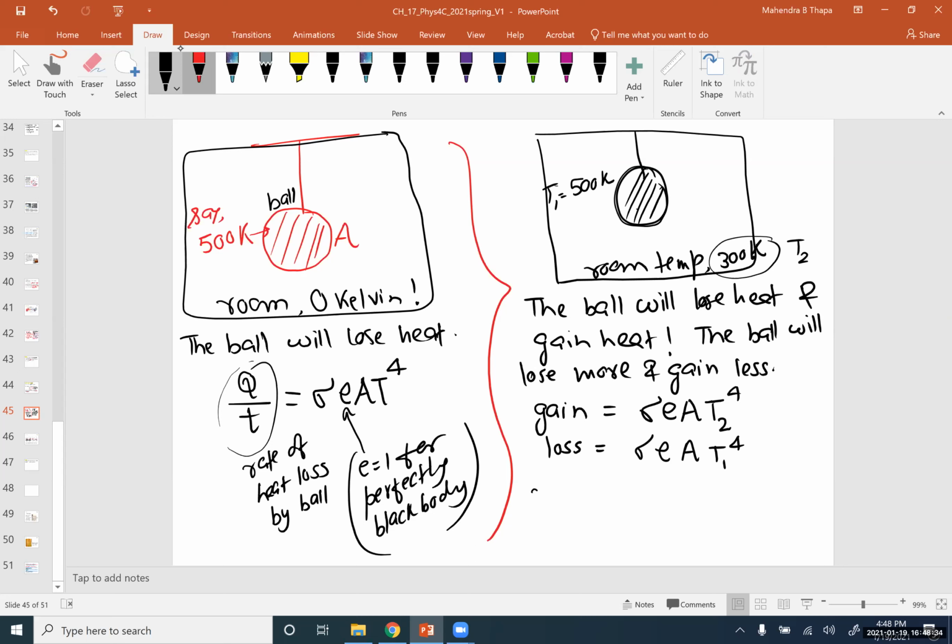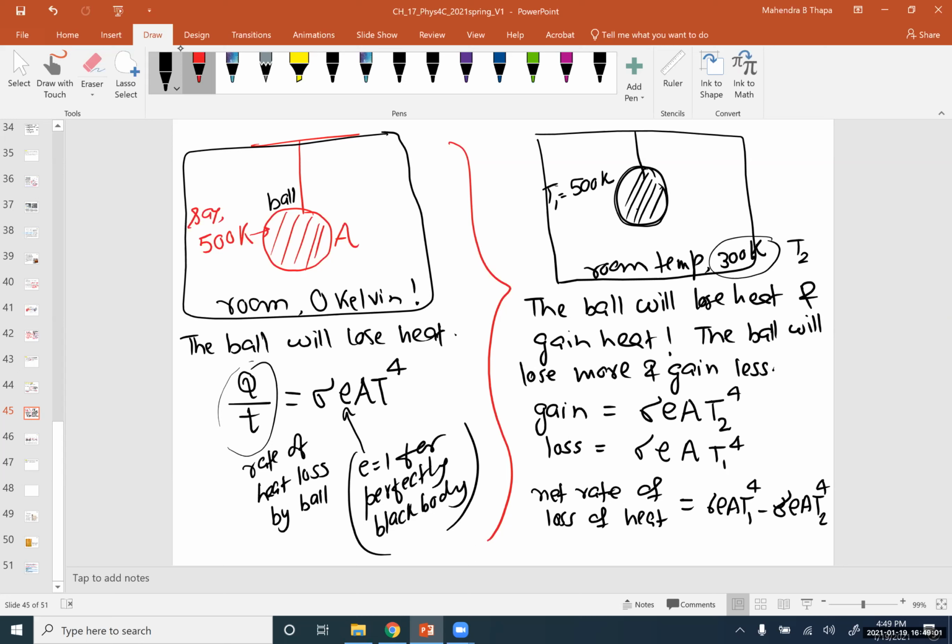So the net rate of loss of heat, since it is losing more, is this minus that: sigma E A T1 power 4 minus sigma E A T2 power 4.